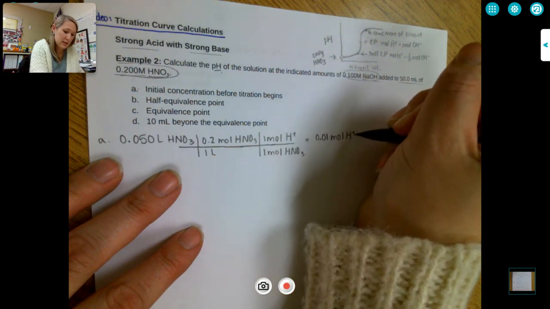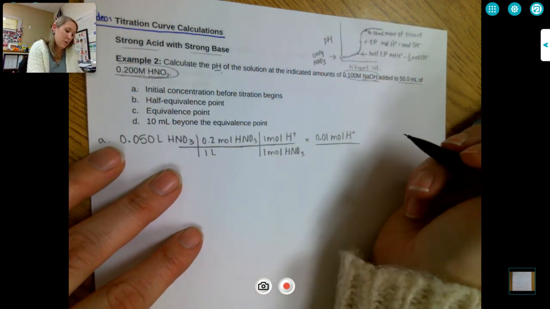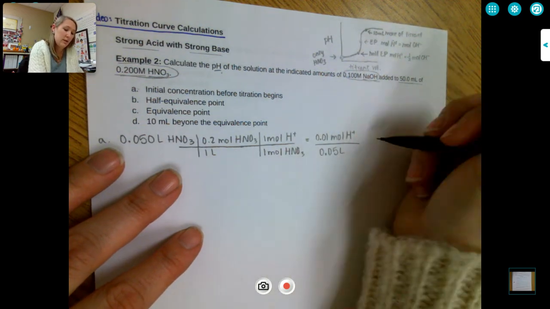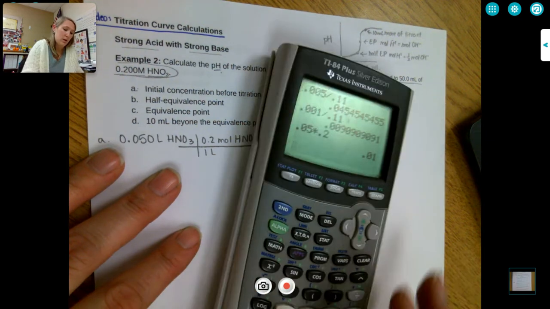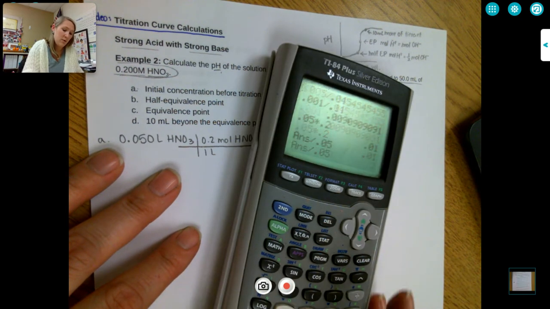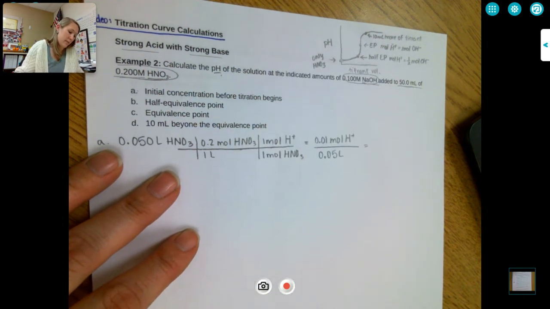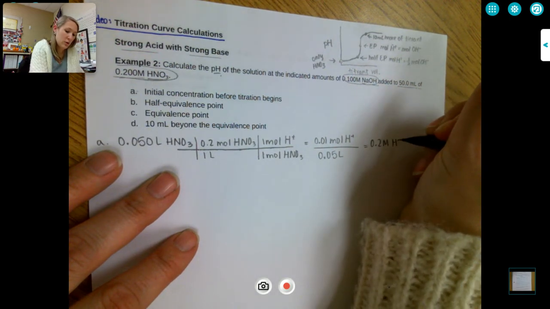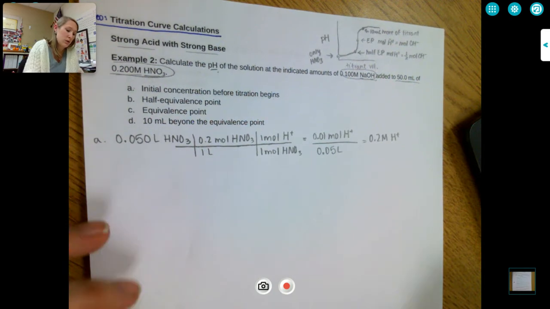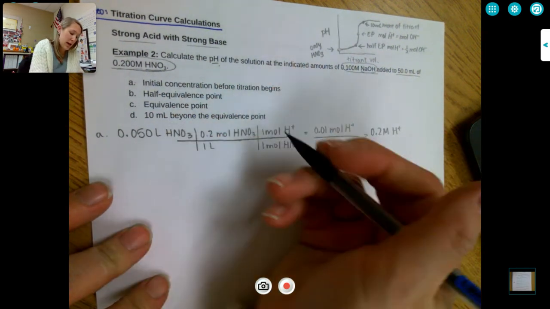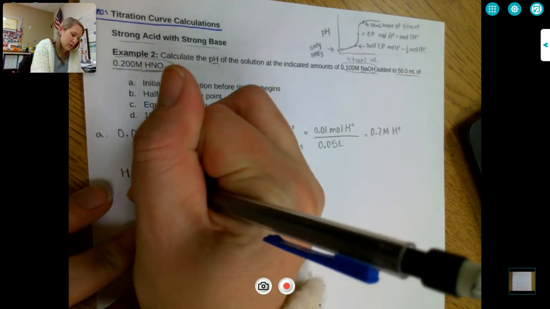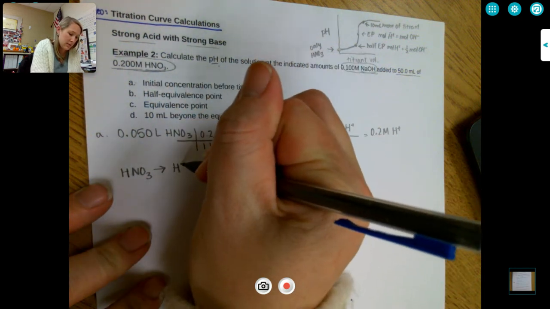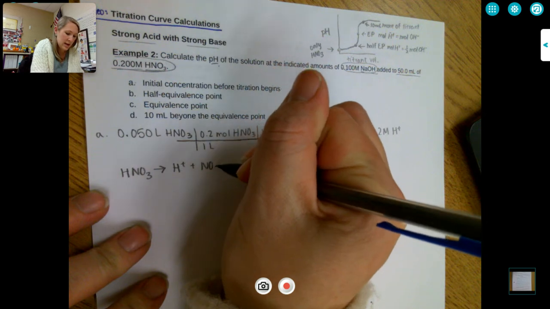Moles of H plus, and we have a volume of our solution of 50 mLs, so divided by 0.05 liters of my solution. 0.01 divided by 0.05 gives me 0.2. So I have 0.2 molar hydrogen ions. We could also say that because this is a strong acid, HNO3 is going to dissociate into its ions of hydrogen ions and nitrate ions.